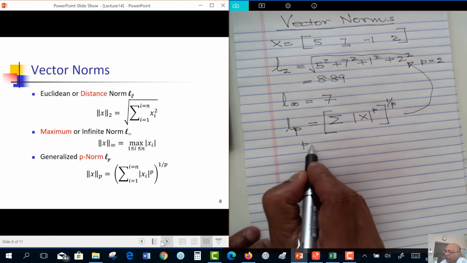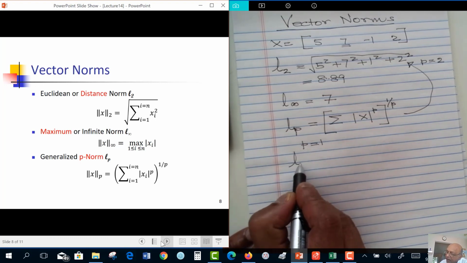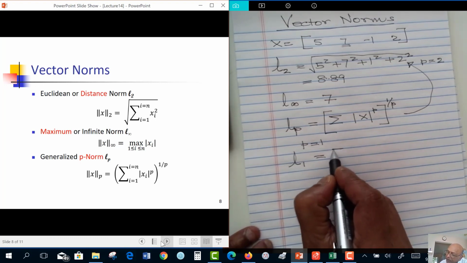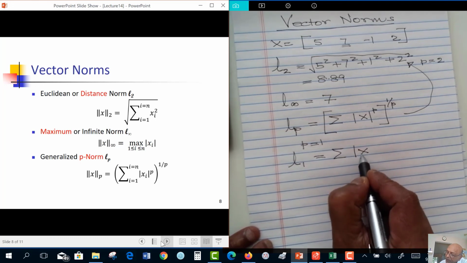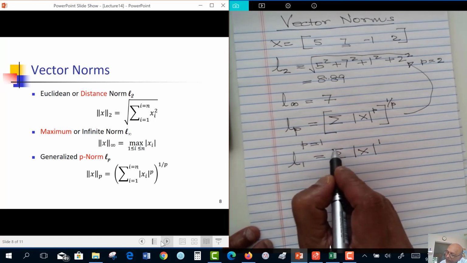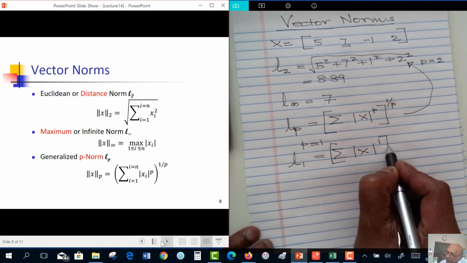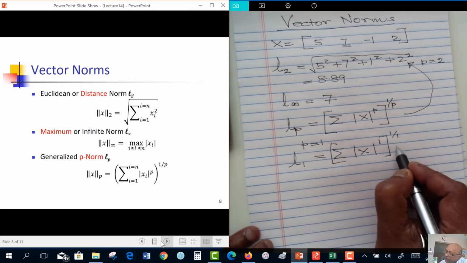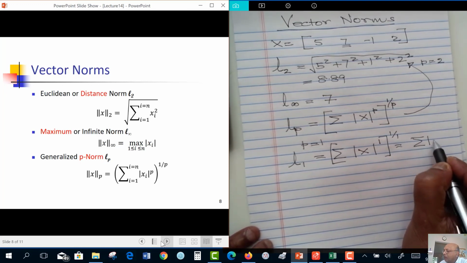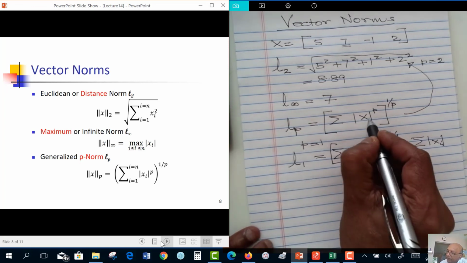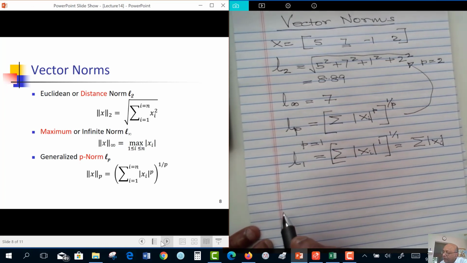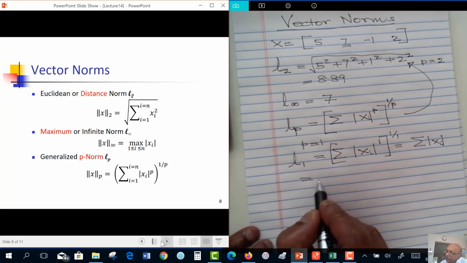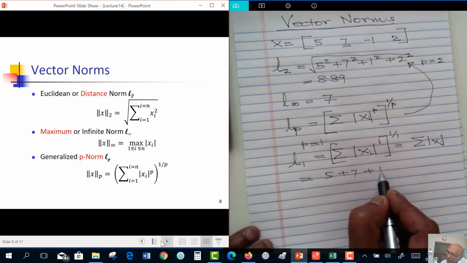Let's try when p is equal to 1. So that'll be our L1 norm. So it'll be sum of x to the power 1, 1 over 1. So it's just adding all the magnitudes together. Right? So let's do this. So we add all of them. We'll get 5 plus 7 plus 1 plus 2.